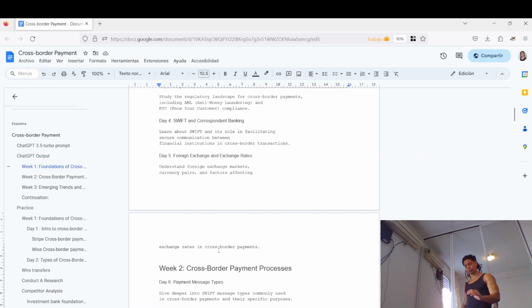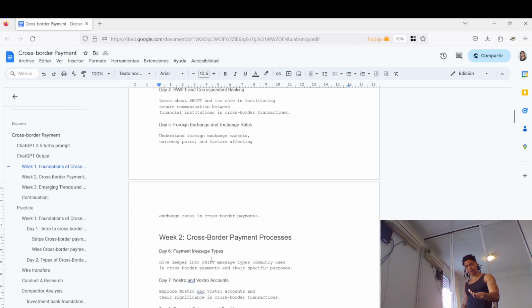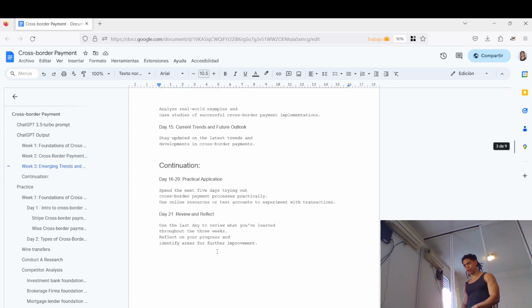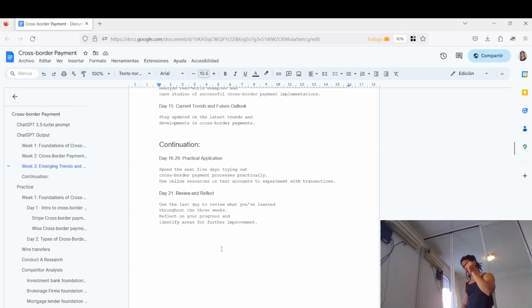And then looks now at the process, the mechanism, and the emerging trends and advancement. And I see this particular pattern as something interesting, especially when you're gonna learn something. And this is something that I can apply also to another book or a doc that I'm actually reading, right?